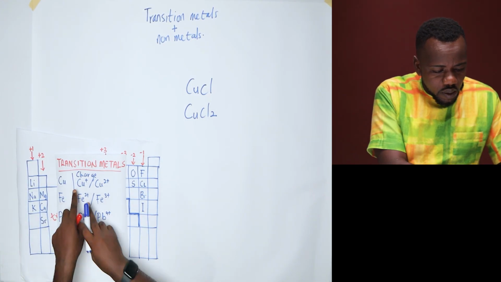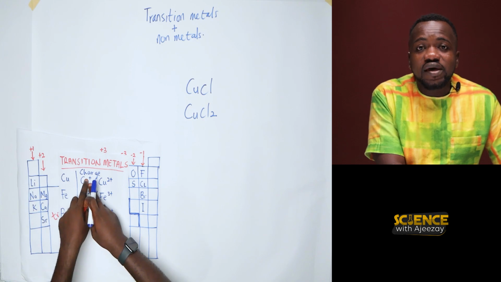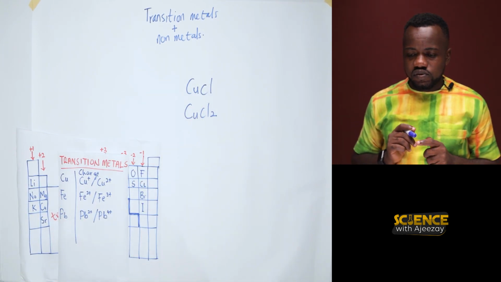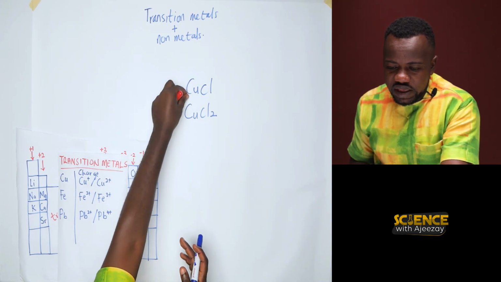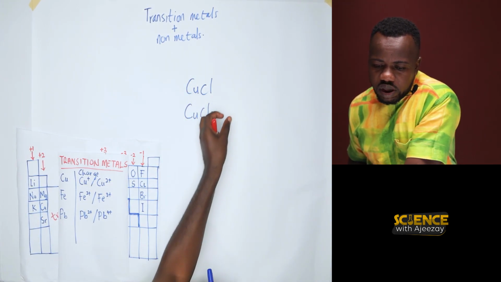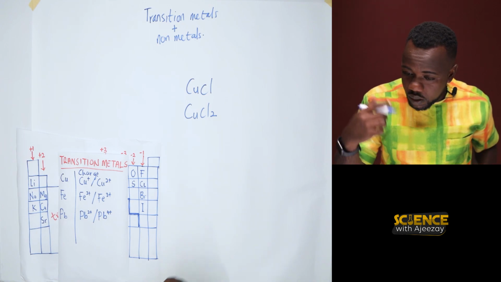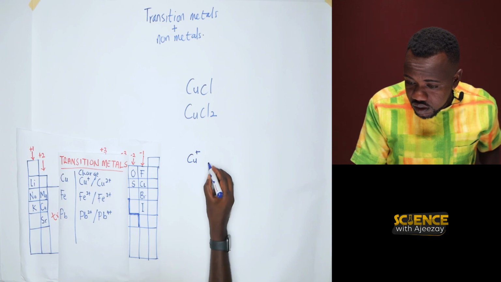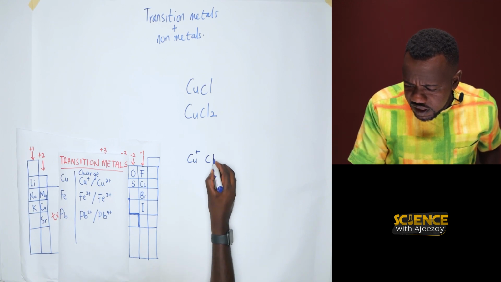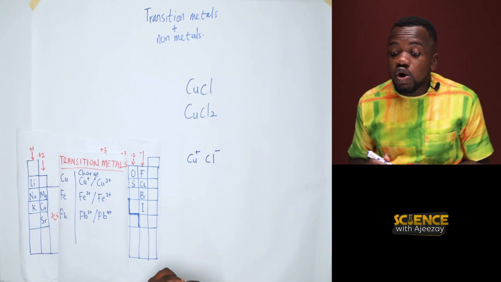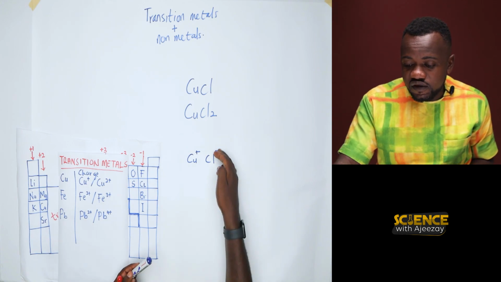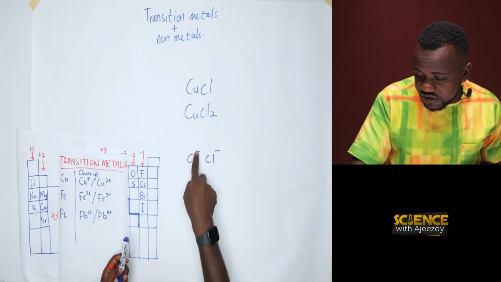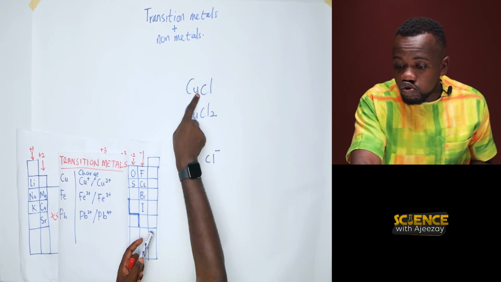So here our copper is 1 plus and copper is 2 plus. Now let's work back. Cu is plus and Cl is minus. We already know that chloride is -1, and they interchange to form this. So this is 0, and that gives you CuCl.